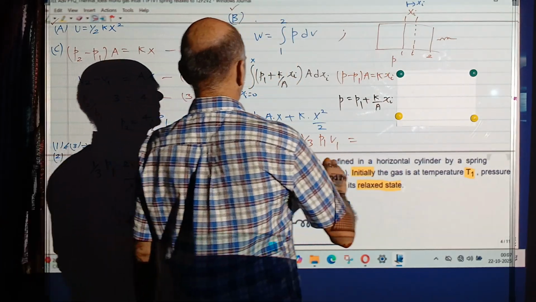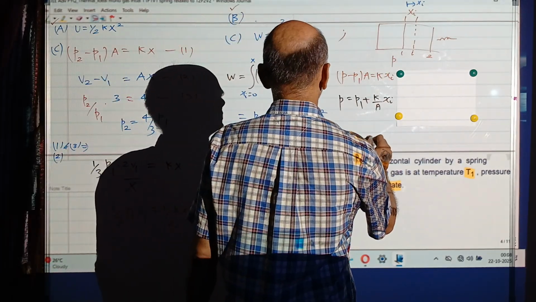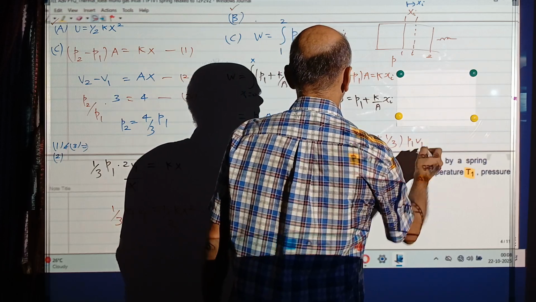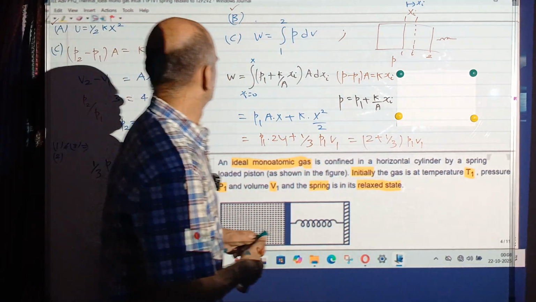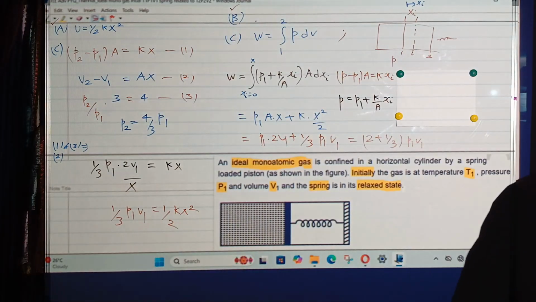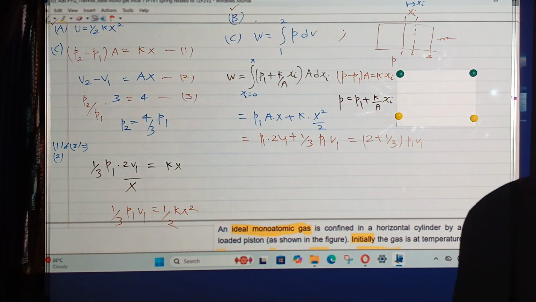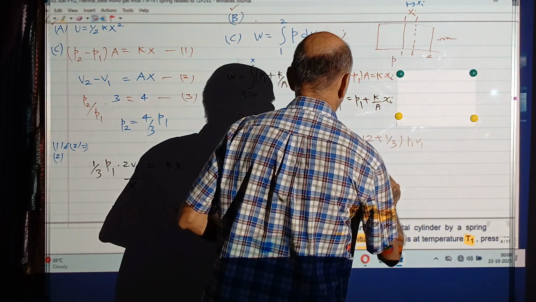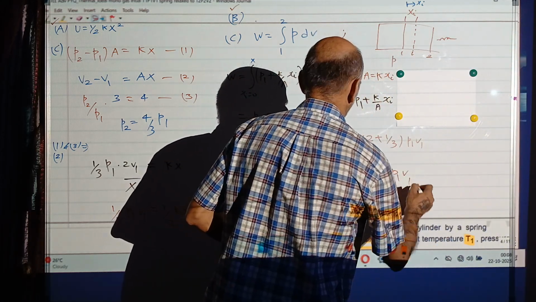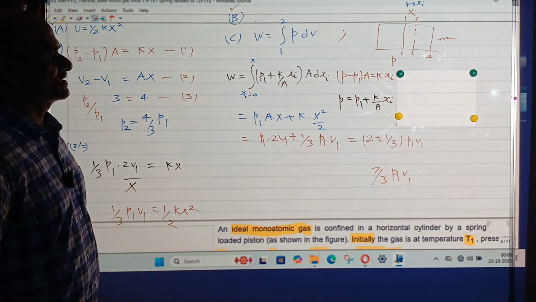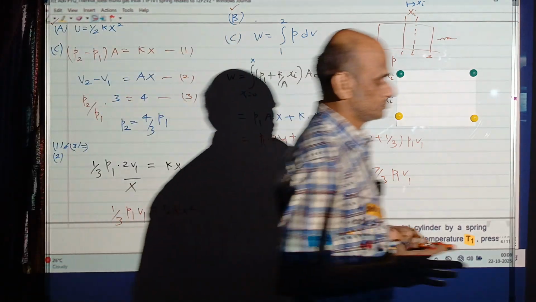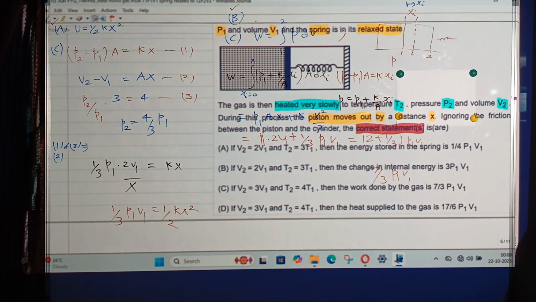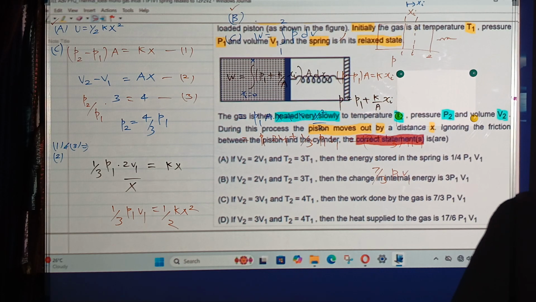So I can keep it like this: 2/3 plus 1/3 P1 V1. So that is 7 by 3. So the work done by the gas is 7/3 P1 V1. Option C says 7/3 P1 V1, so option C is also true.